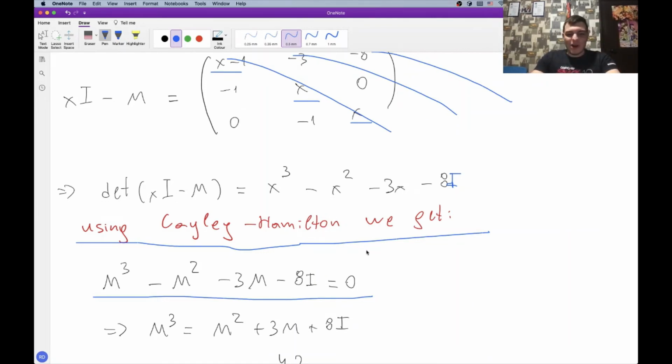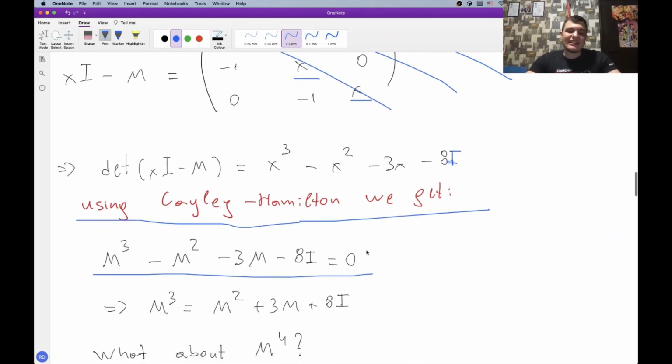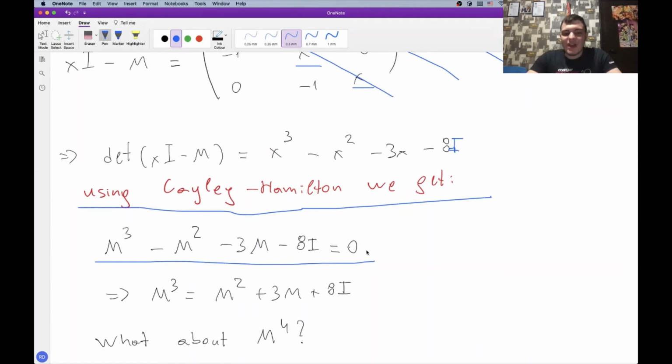But the interesting part is not why this works. You can just assume this, because normally you use this thing in some complicated problems, I guess. What you have is this equation, and for our example, we can see that we can express m cube by m squared and m and some constant.